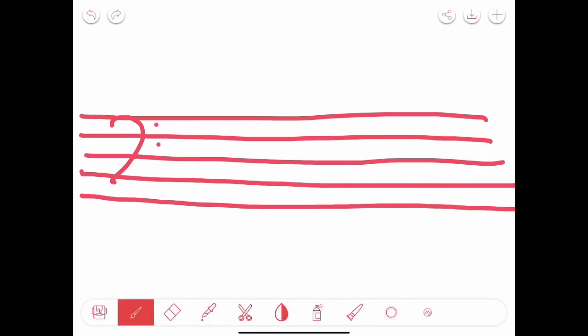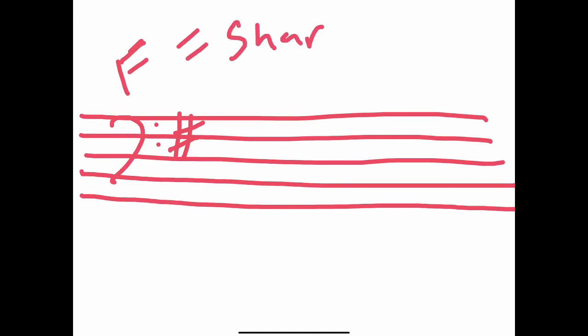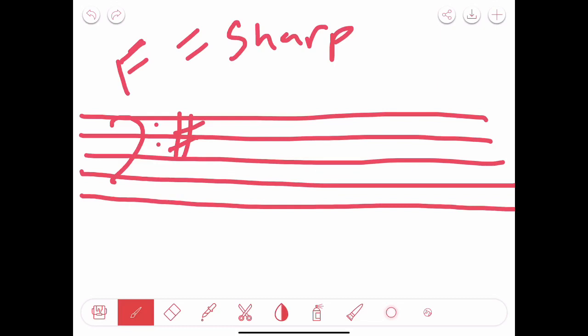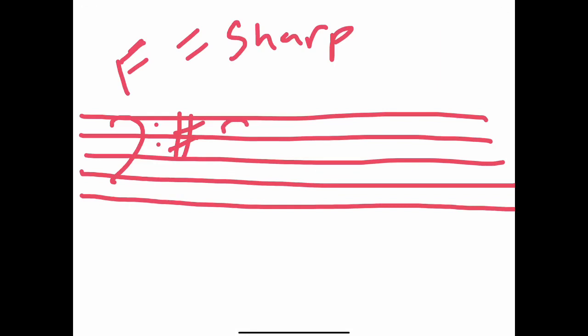So now let's say we have a key signature. So we have one sharp, because this tells us where F is in bass clef. This is an F sharp. Then the next thing that we see in music is time signatures.